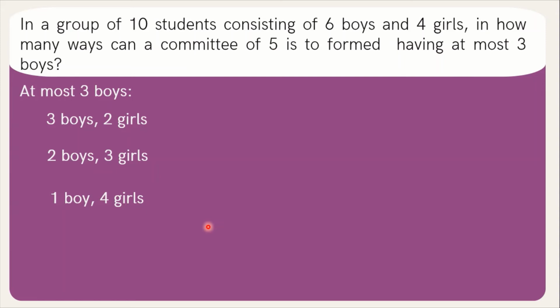Now, what we need to do is we solve the combination para sa kada possibilities. So, simulan natin with 3 boys and 2 girls. So, sa 3 boys, kukunin natin ang 3 boys doon sa 6 boys na given. So, we have combination of 6 taken 3.